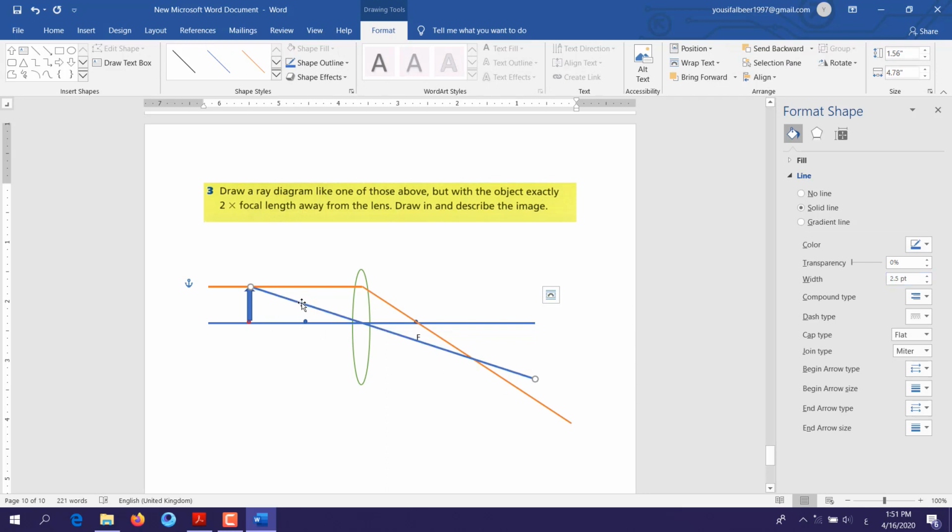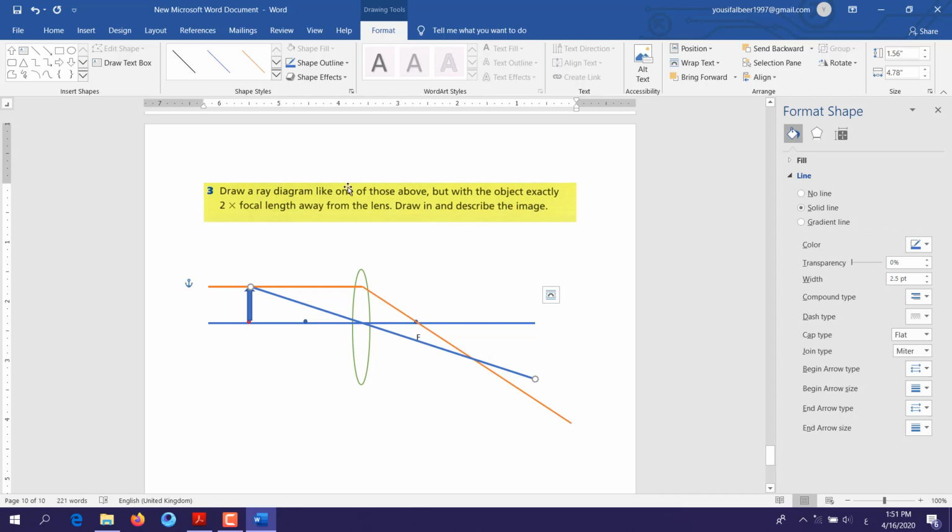Now, this is the line from the top of the object that passed through the center of the lens. Now, as you can see here, what happened? These two lines meet at this point. So the meeting point, what do we call it? It's the point at which the image will be formed.